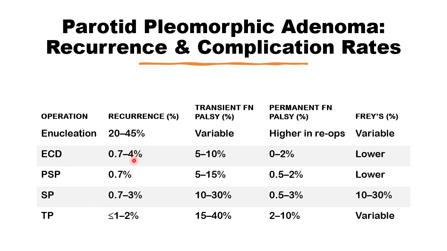In fact, there can be a lower percentage of recurrence in the smaller resections compared with the more radical superficial parotidectomy or total parotidectomy. You can also see that the incidence of either transient or permanent facial nerve palsy or Frey syndrome is lower in the extracapsular dissection and the partial superficial parotidectomy, compared with the more radical superficial parotidectomy and total parotidectomy.